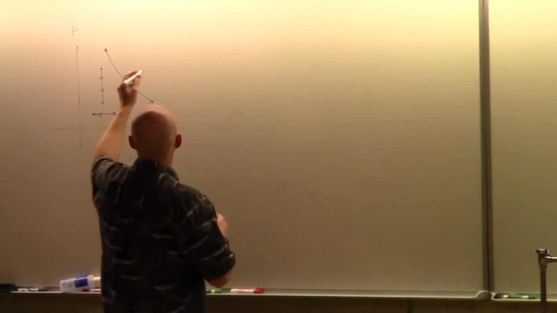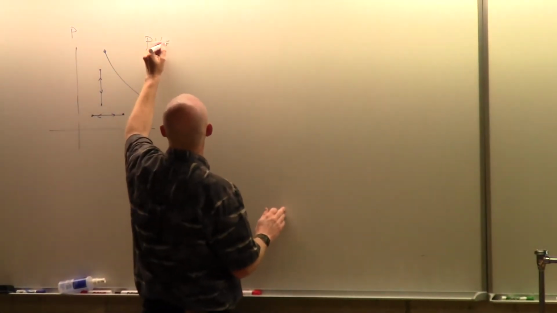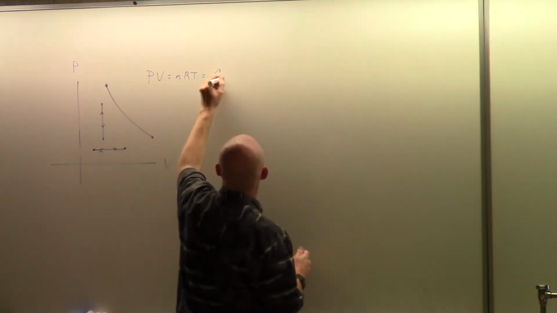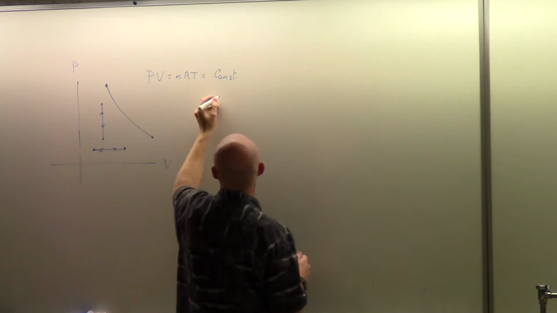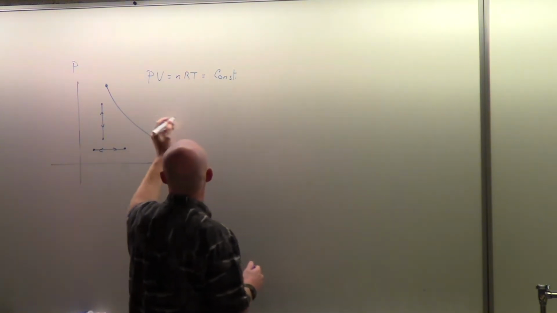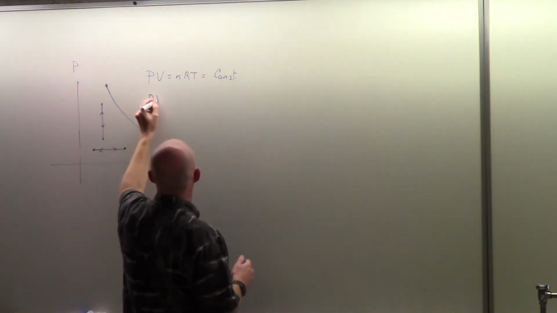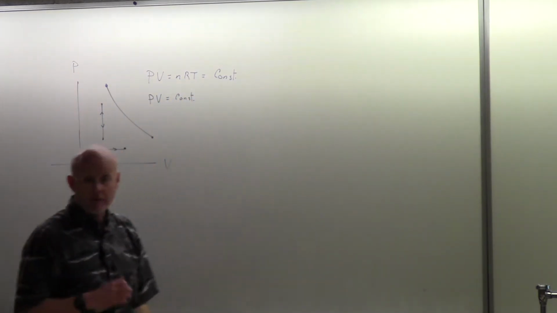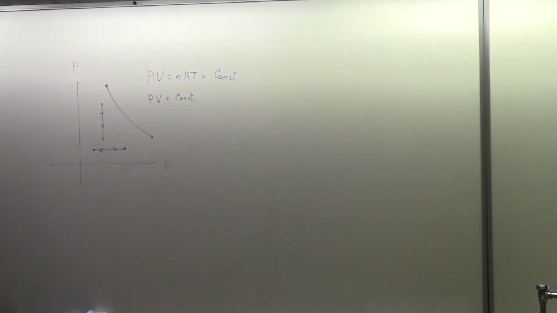This is, using the ideal gas law, PV equals nRT. But since we're keeping the temperature a constant, then what you really have is pressure times volume equals a constant. Now, of course, that constant depends on how many molecules you have and what temperature it is.